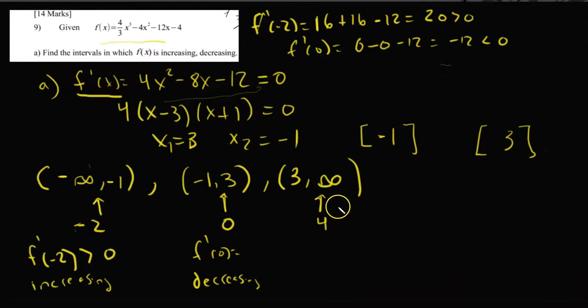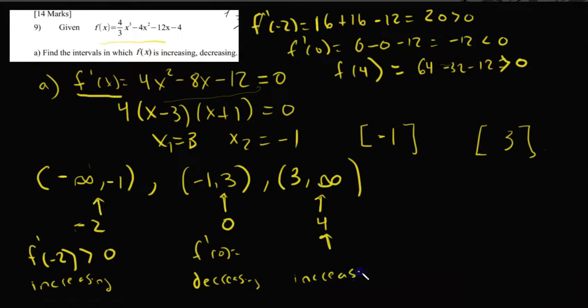And the same for 4, f prime of 4 ends up giving you 16 times 4, 16, 32, 48, 64, minus 32, minus 12. That gives you a positive number as well. We'll say it's greater than 0, obviously. And so on this interval, it's increasing as well.